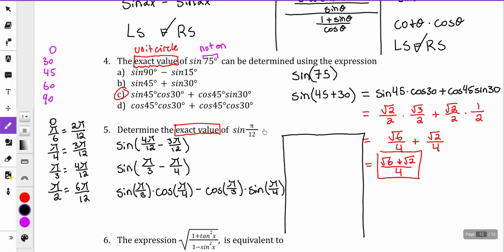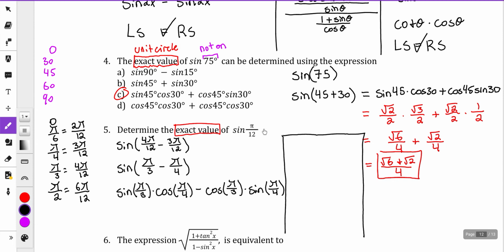I now know all these values. This means the y value at pi over 3. I can figure that out. This means the cos value at pi over 4. I can figure that out. This is the cos value at pi over 3. I can figure that out. This is the sine value at pi over 4. I can figure that out.